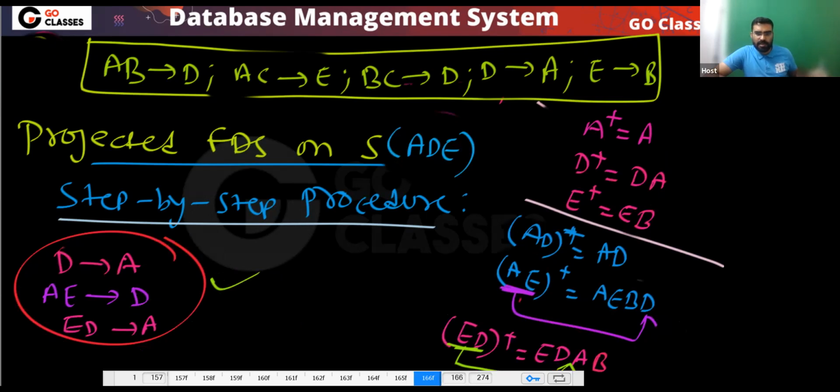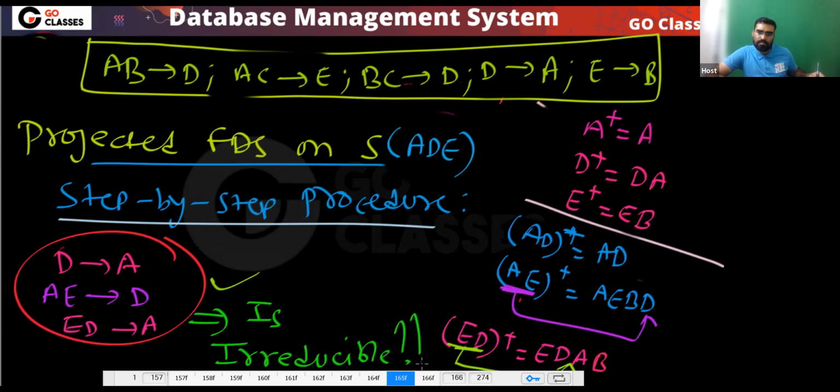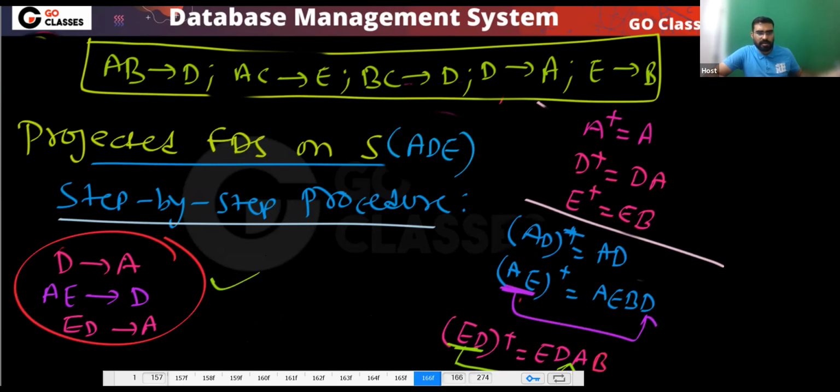What about this? Is this irreducible? So this is not irreducible. Clearly you can remove this E because that is extra.